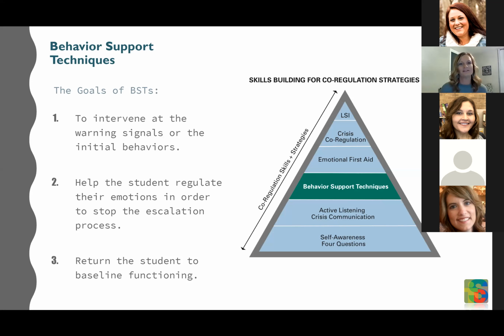I am going to talk about the 8 specific behavior support techniques, and you're going to hear much of what Tate and Missy have already spoken about within each of these techniques. The goals of these are to intervene at warning signals in order to prevent crisis behaviors from happening, to de-escalate potential crisis situations, and also to help students regulate their emotions in these moments.